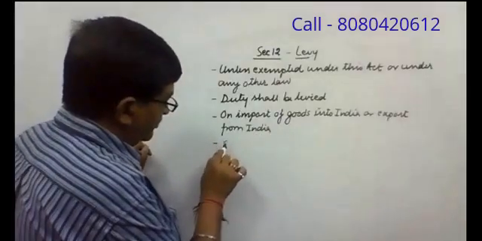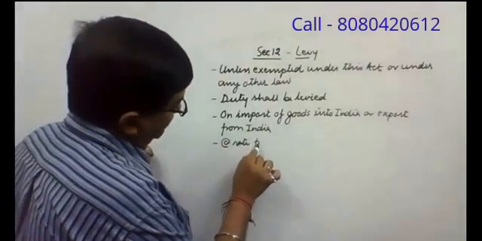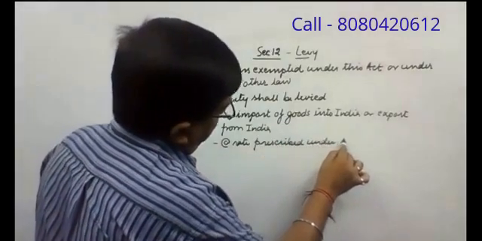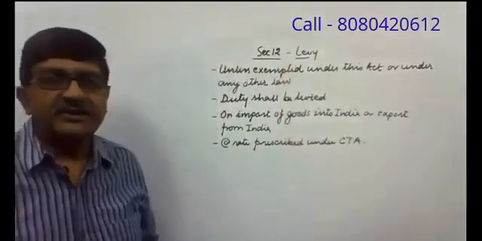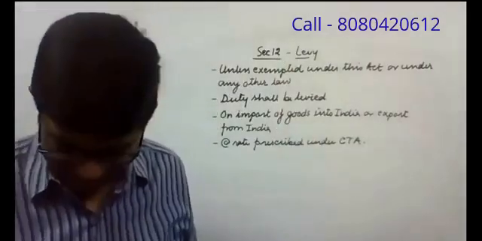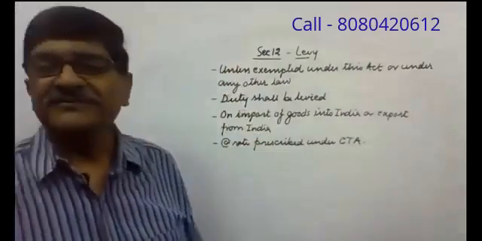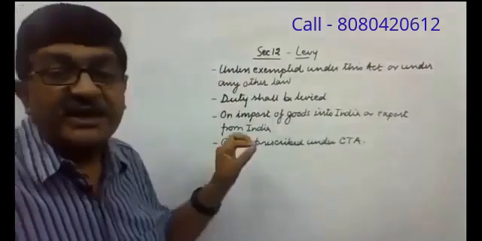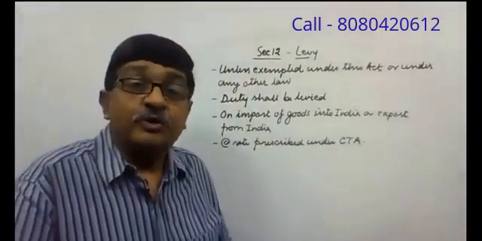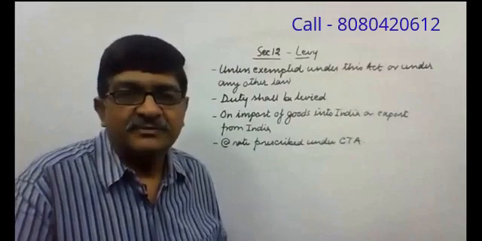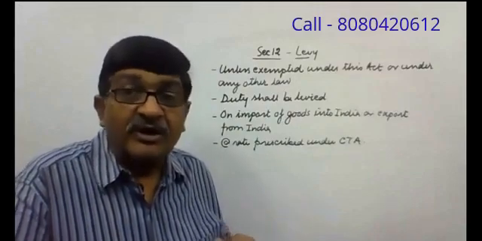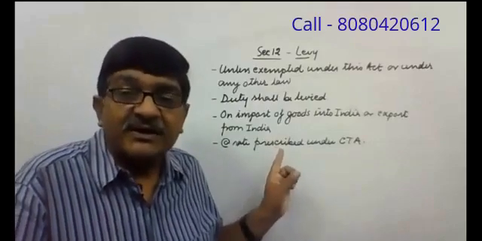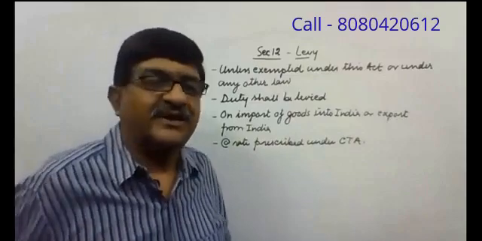And this is at the rate prescribed under the Custom Tariff Act. This is subsection 1. Right? What is that? Unless exempted under this act or under any other law, duty shall be levied on the goods imported into India or to be exported from India at the rate given under the Custom Tariff Act. Right? I will add something more.